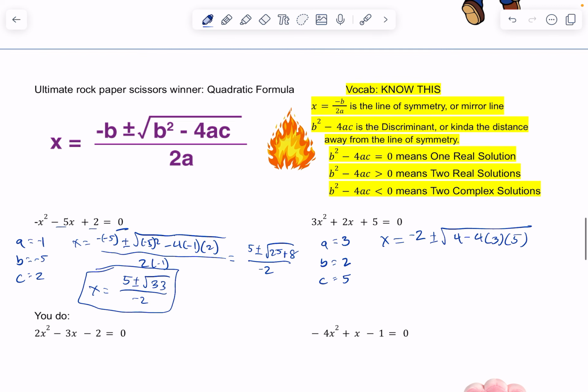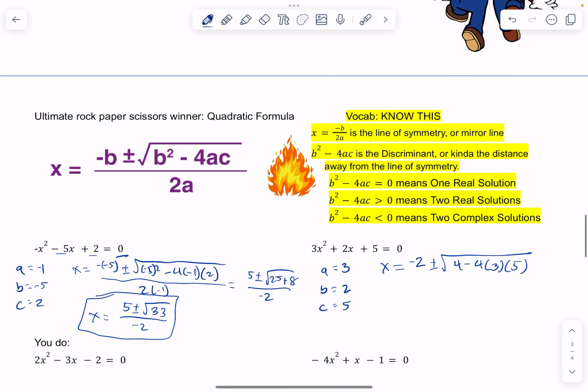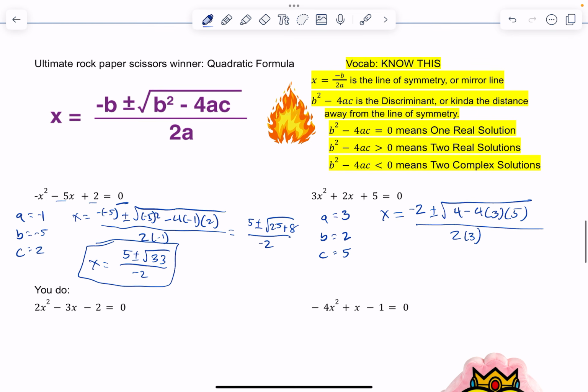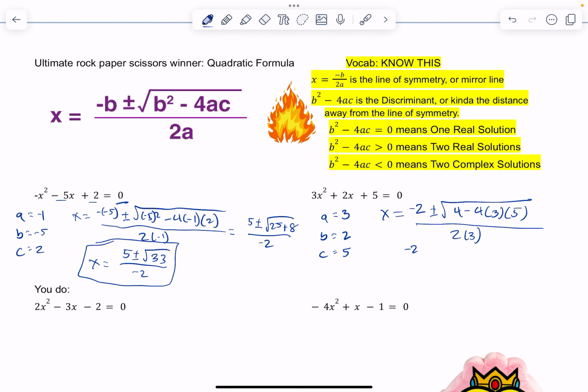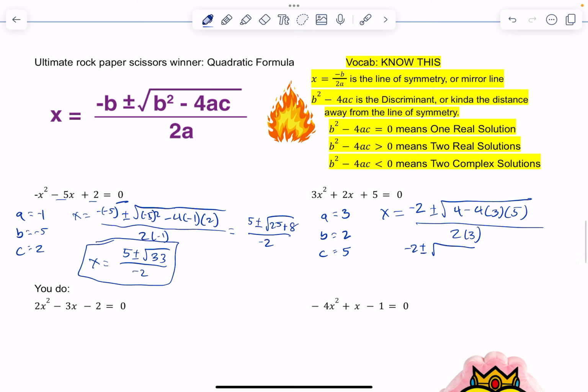Ooh, so many numbers, over 2a, which will be 6. So let's rewrite that to be -2 plus or minus, what's in the square root? 20 times 3 is 60. 4 minus 60 is -56.